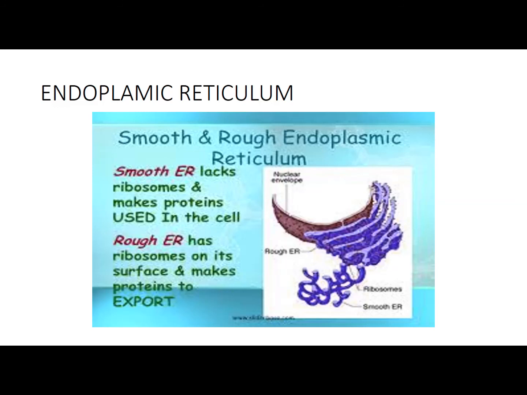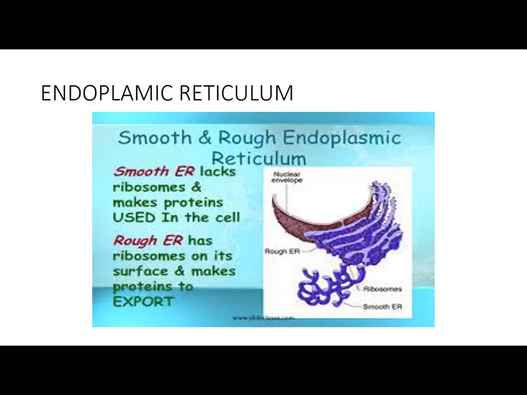The difference between them is that the smooth endoplasmic reticulum does not contain ribosomes. Ribosomes are actually small round bodies which are found on the rough endoplasmic reticulum but not on the smooth ones. And the rough endoplasmic reticulum has ribosomes on it, that's why it seems rough, so it is called rough endoplasmic reticulum.